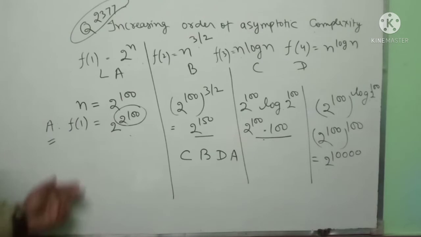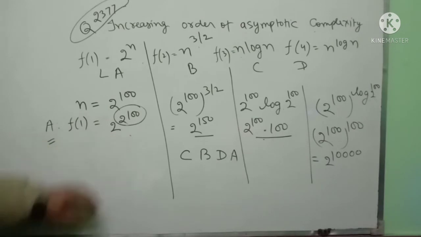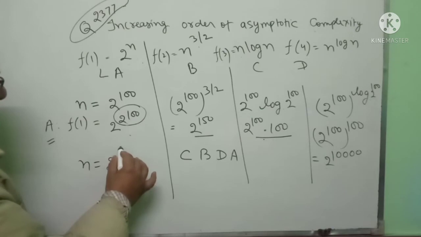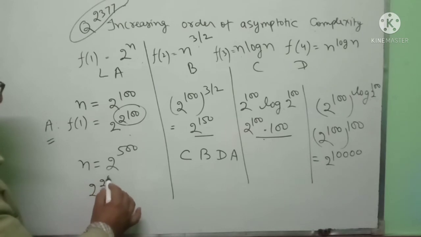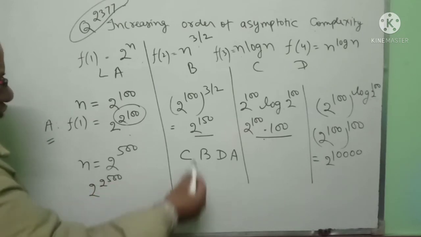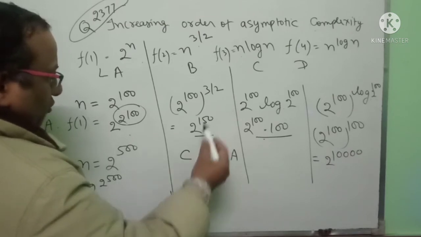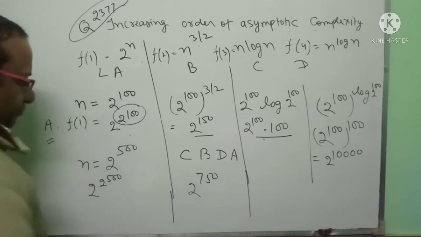We don't just take only one value; let's check for one more value, because sometimes one value may not be conclusive. So let's take n equal to 2 raised to the power 500. So A will become 2 raised to the power 500. B will become 2 raised to the power 500, raised to the power 3/2, that is 2 raised to the power 750.